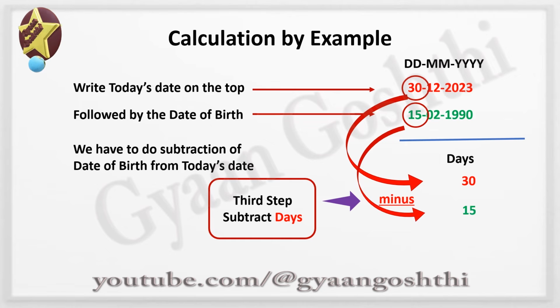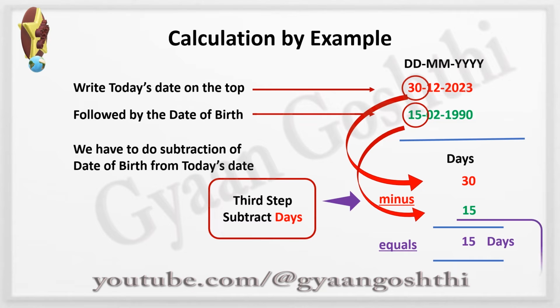This completes our manual age calculation. By understanding these steps, you'll be able to calculate the age between any two given dates.